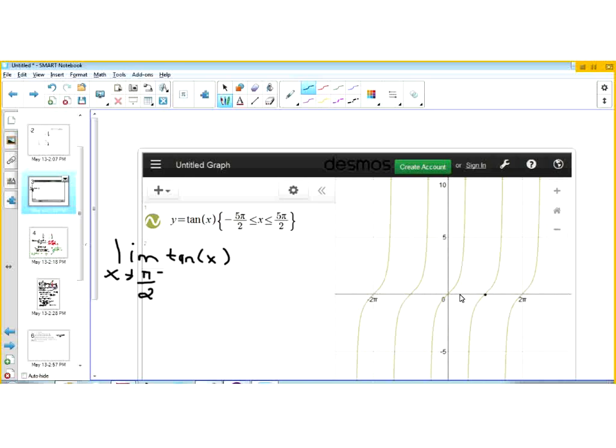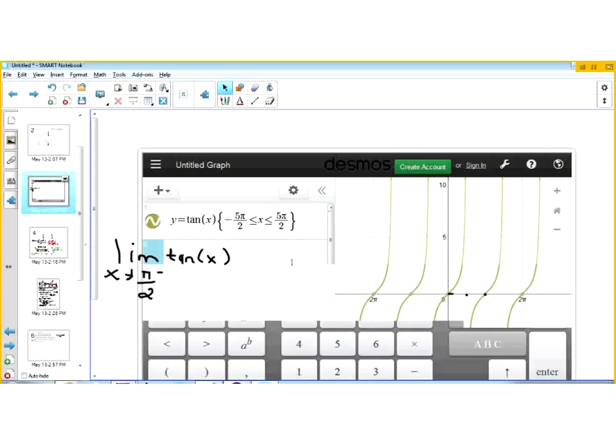Where is pi halves? This is pi right here, so pi halves would be right here. As x approaches pi halves from numbers smaller than pi halves, look what happens to the output.